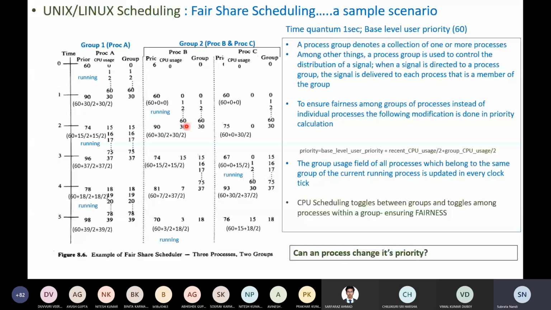Is the question clear? User 1 has got one process, user 2 has got two processes. I say that there are three processes.